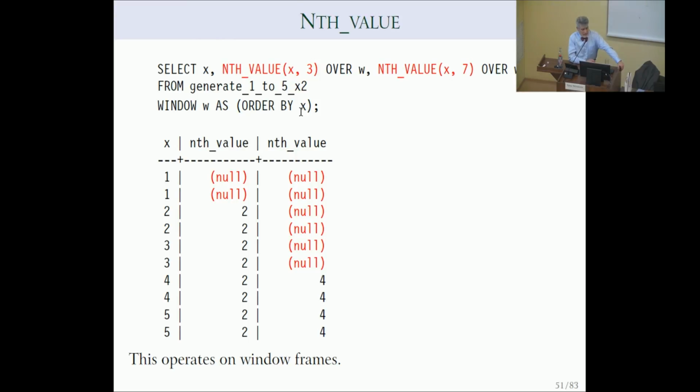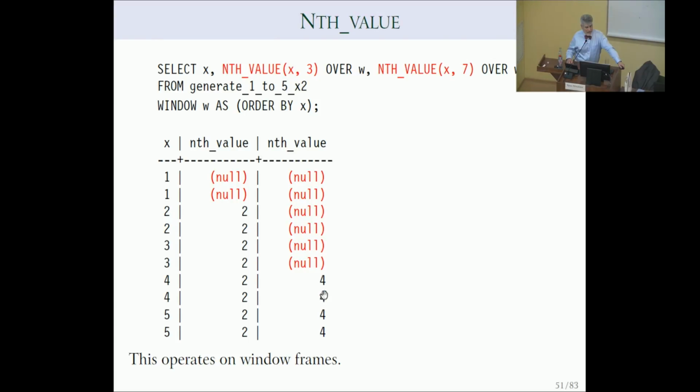Nth value. This is an option that gives you a specific row number, like the nth row in the frame. In fact, it says window frame right there. Okay. So what's really odd about this is that the first row can't see the third row because of the window frame definition. And we're in range mode, so it returns null.